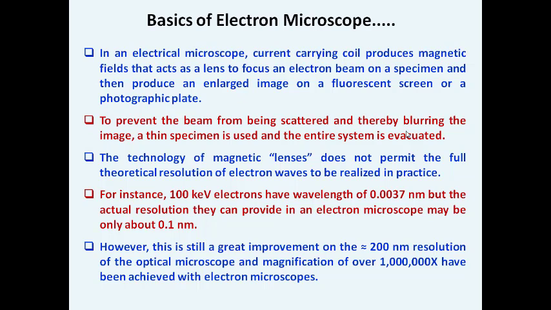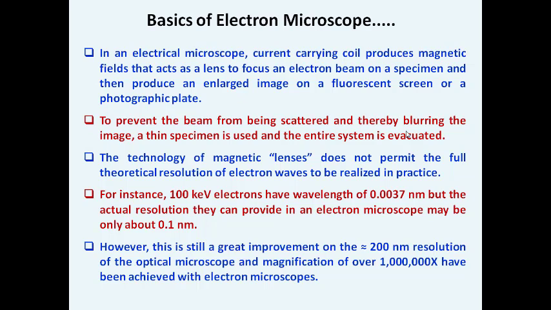To increase the accuracy of imaging the object, we have to utilize a very thin specimen because the scattering will be less. Likewise the system is totally evacuated, because electrons might lose their energy along their path.